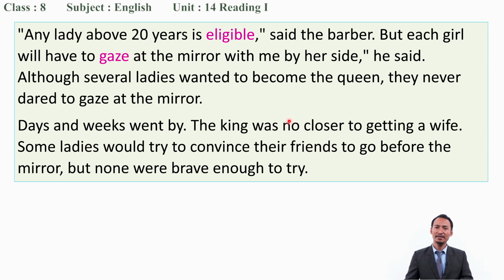Can you guess why? Because they were afraid. They were scared that the magical mirror would show their black spots, because every people might have that kind of bad sides, some wrongdoings.